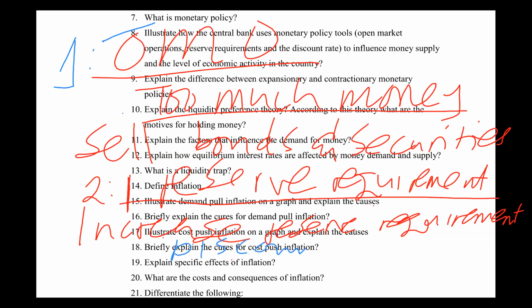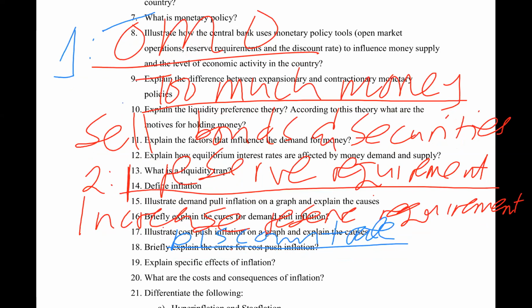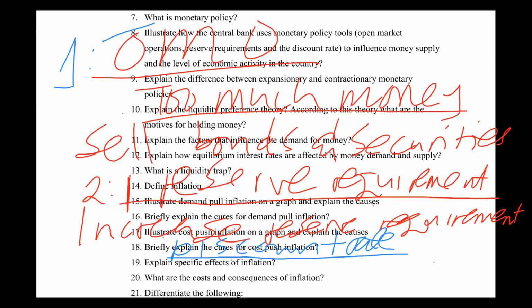To start with, we said that the discount rate is the interest rate that the commercial banks pay to the central bank for borrowing. Remember, the commercial banks borrow money from the central bank, so usually there is an interest rate that is charged.